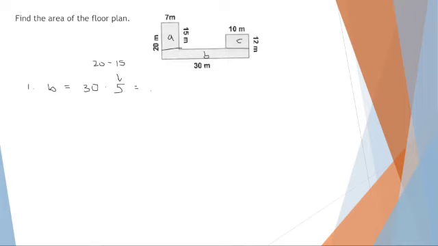So for the upper part, the A rectangle, you have to find 7 meters times 50 meters. Is that right? It's 105.